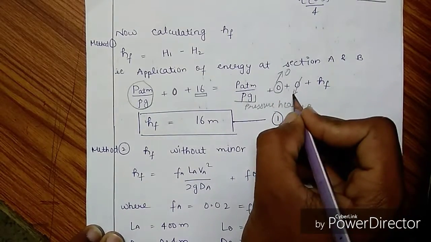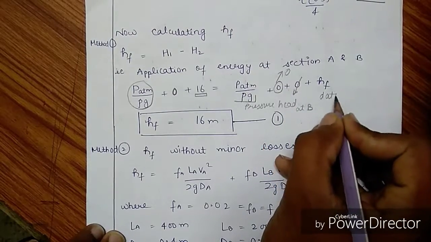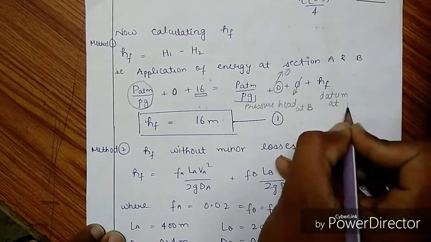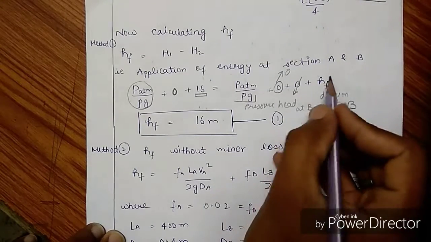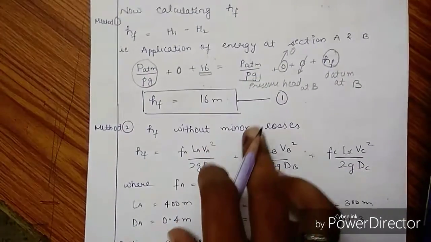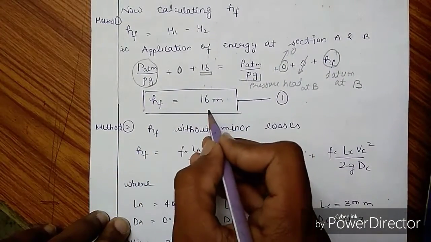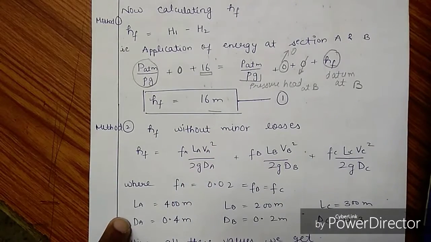This is the gravitational head. Since we have considered the datum at B, this is 0. Plus HF, the frictional losses which have been taken into account. By solving this equation, we get HF is equal to 16 meter. So the loss in head is 16 meter by method 1.